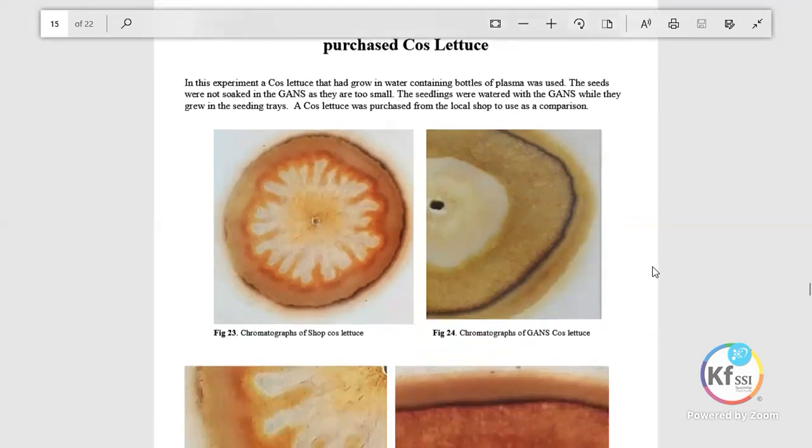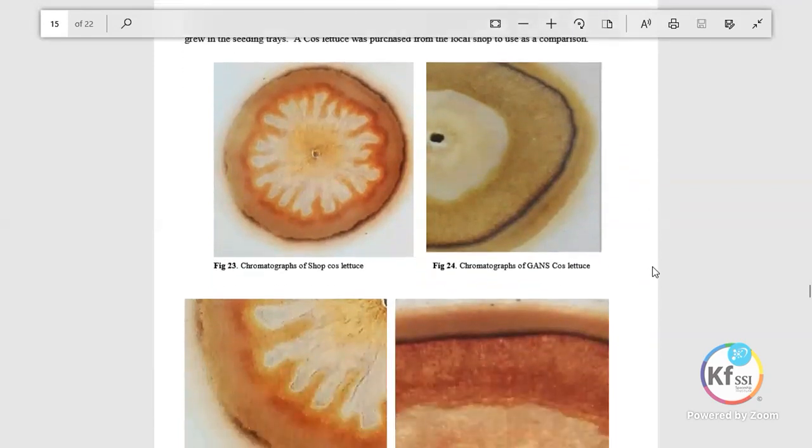And you can see there's the chromos. The one on the left is the shop, and the one on the right is the GANS COS lettuce. Again, very, very distinct and unique images produced.